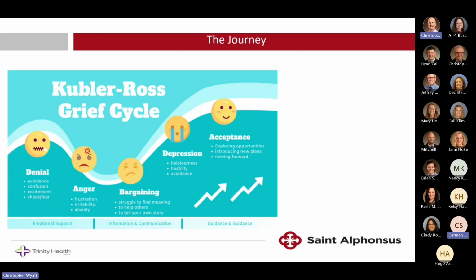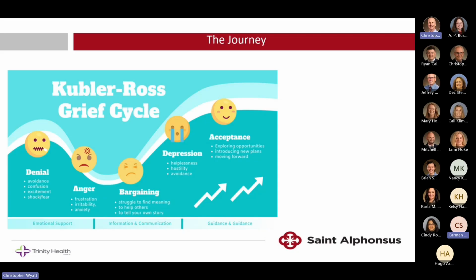You're probably familiar with the Kubler-Ross grief cycle, when someone has passed and the patient's or a family member's response: initial denial or anger, bargaining, depression, and acceptance. And we see that a lot with our patients coming in, and we work with them and walk them through all those different stages.